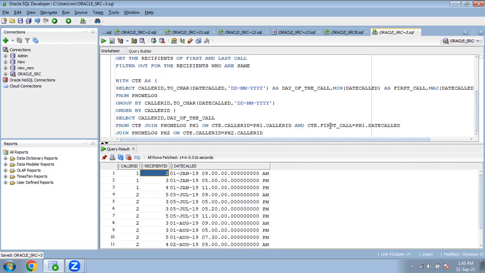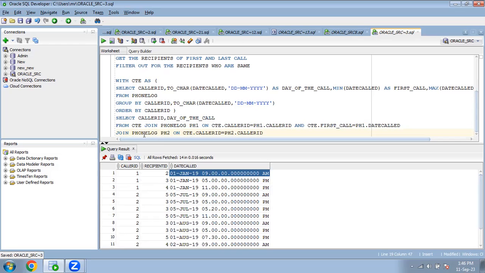That is why I have given this condition, where first call from the CTE is matching against ph1 caller ID, and I'm matching that against this date called timestamp. And this is the first call details I'll get, correct?